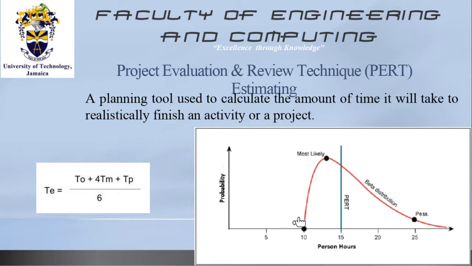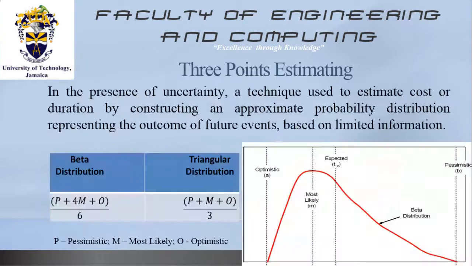Now, what is interesting about PERT is that it employs the same technique as was described earlier, utilizing the formula that I shared with you when we looked at the 3-point estimating technique.